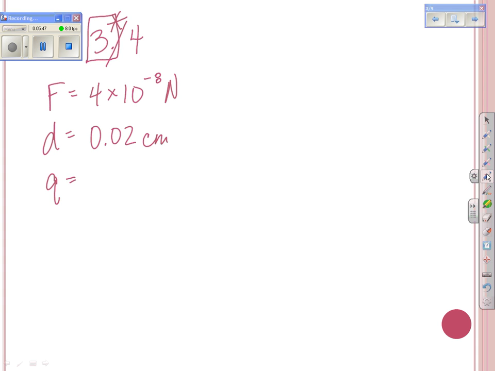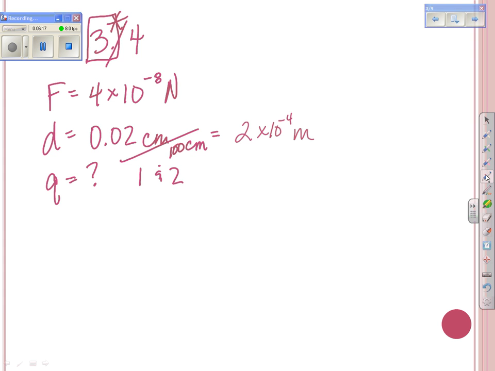So we're looking for Q. But you need to realize that this Q is going to be for 1 and 2. All right. Now our distance is in centimeters. We need to divide by 100 and convert it into meters, which makes this a teeny little number. So I'm going to use scientific notation, which is 2 times 10 to the negative 4 meters.